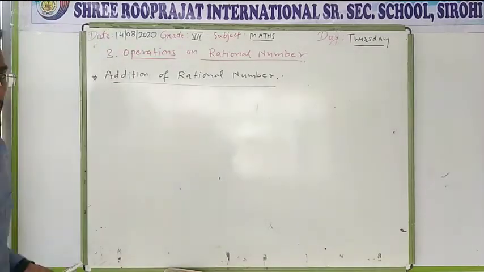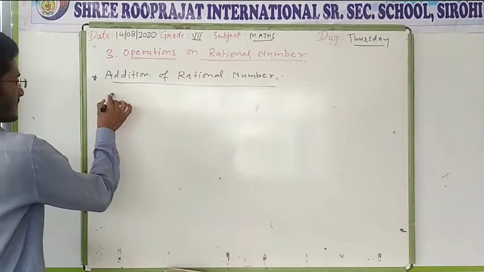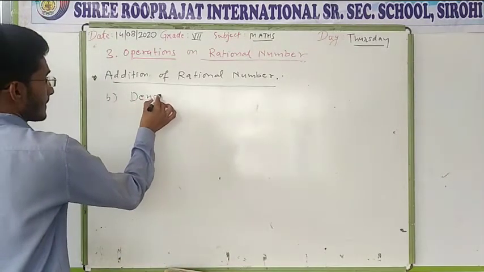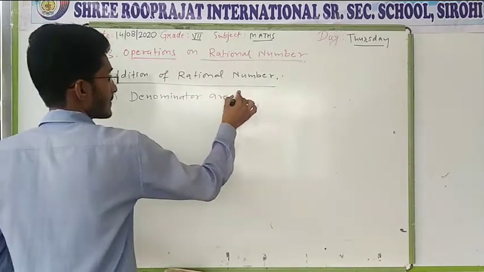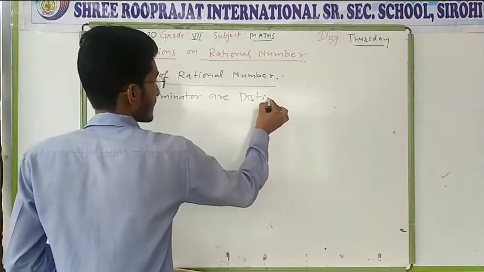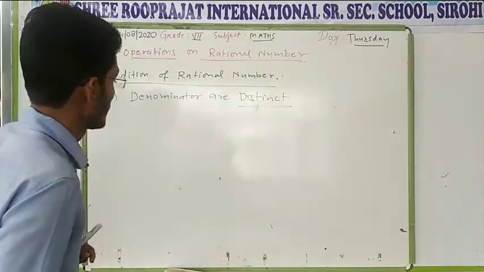The second case is when the denominators are not the same, or distinct, that means not equal. Both are different.